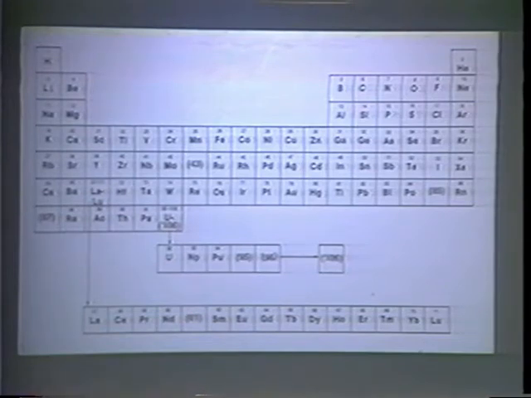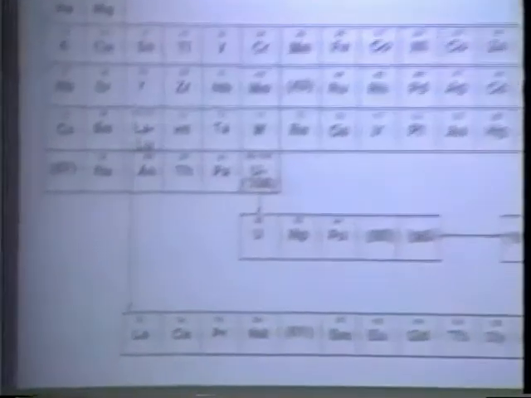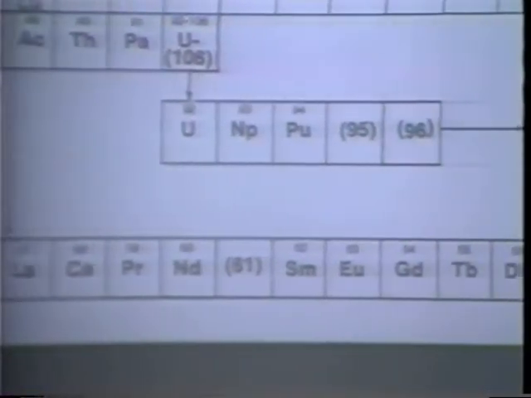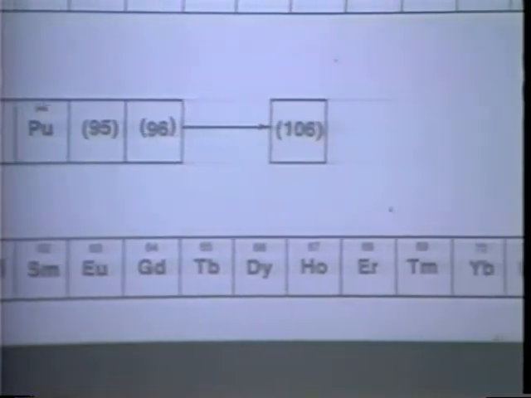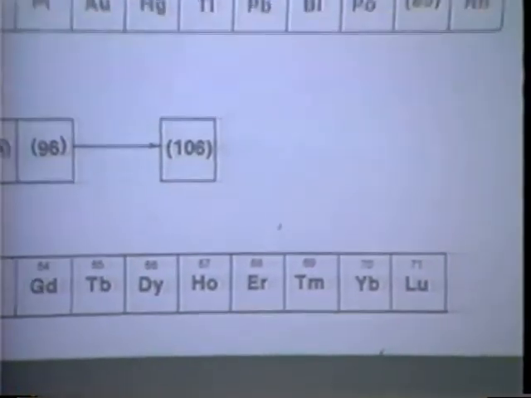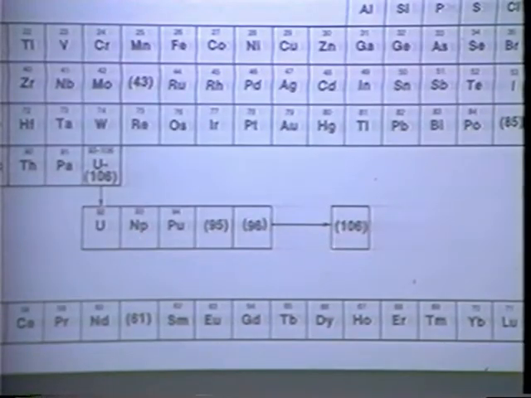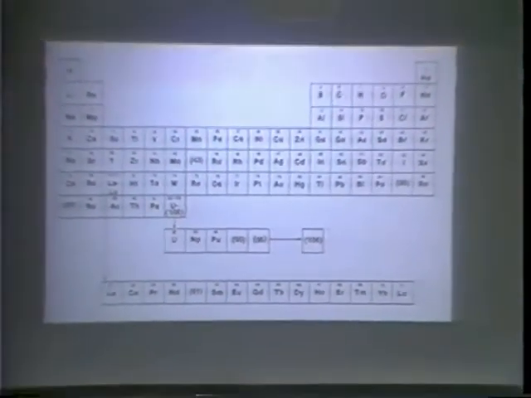So we predicted that there'd be another inner transition series of sort of like the rare earths, where we have the 14 lanthanide elements following lanthanum, where the inner electron shell is being filled, the 4f. I thought there would be 14 5f electrons here, and that elements 95 and 96 would be chemically like uranium. And when we tried this, we couldn't find any evidence for elements 95 and 96, and the reason for that was we were predicting the wrong chemistry.